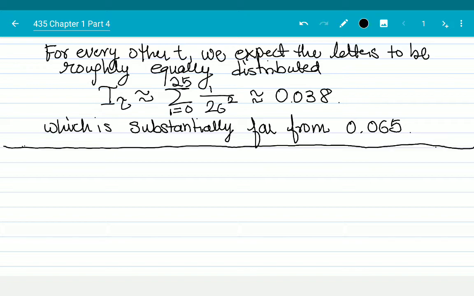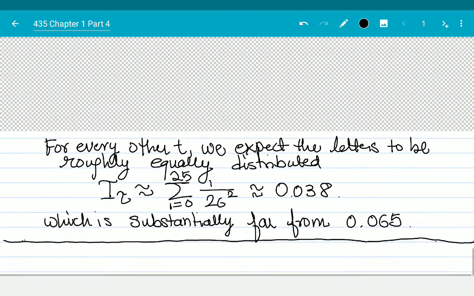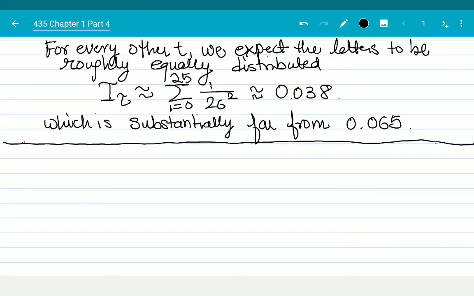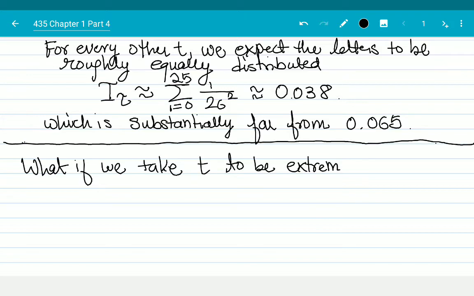we cannot break by this: if you try to guess and extend the Vigenère cipher, you might say, oh, what if I take my block length to be extremely large so things don't repeat? What if we take t to be extremely large?